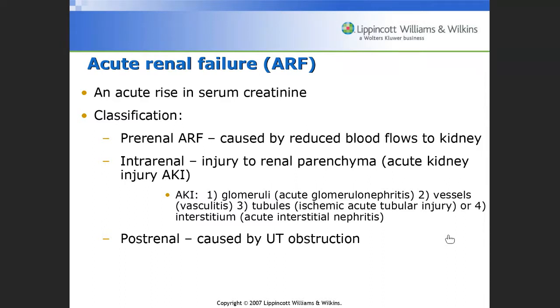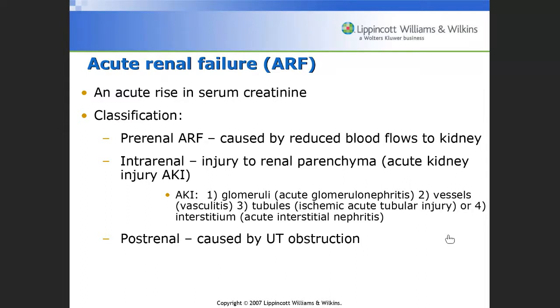All right. So acute renal failure, meaning that all of a sudden this person does not have any urine output, and then the BUN starts slowly to increase. We can think of acute renal failure in three different ways.